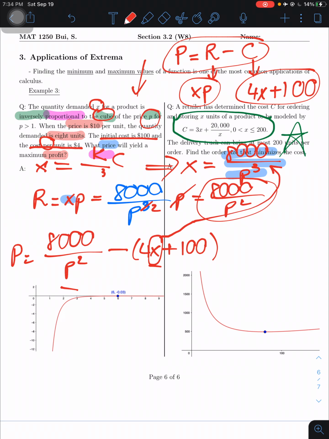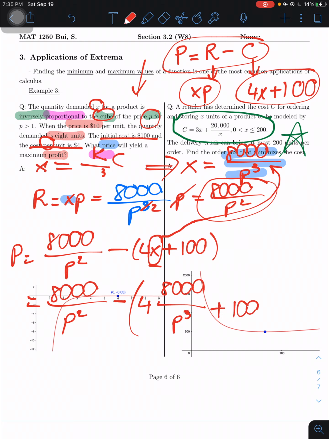Let me put it really quick in here. So this equals 8,000 divided by p squared, just rewritten as a profit function. But for the inside now, instead of having the x, I'm gonna get the 4 in here, and then 8,000 over p cubed, and then plus 100.